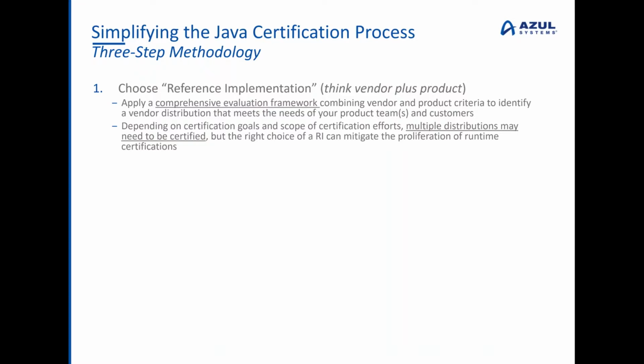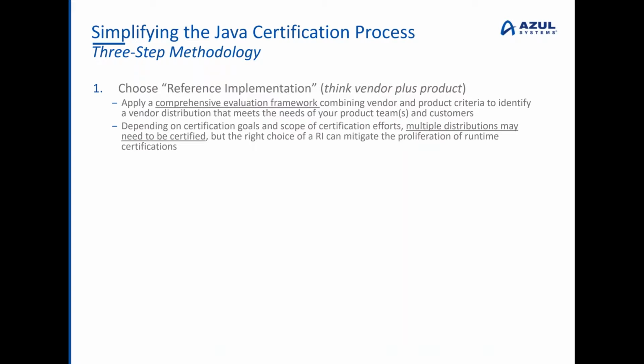And it's going to be important, as an ISV looking to minimize the amount of time spent testing different distributions, to pick a reference implementation through a comprehensive evaluation framework, which we're going to cover in the remainder of the presentation, that combines both vendor and product criteria to identify a vendor distribution that meets the needs of your product team and the customers you sell to.